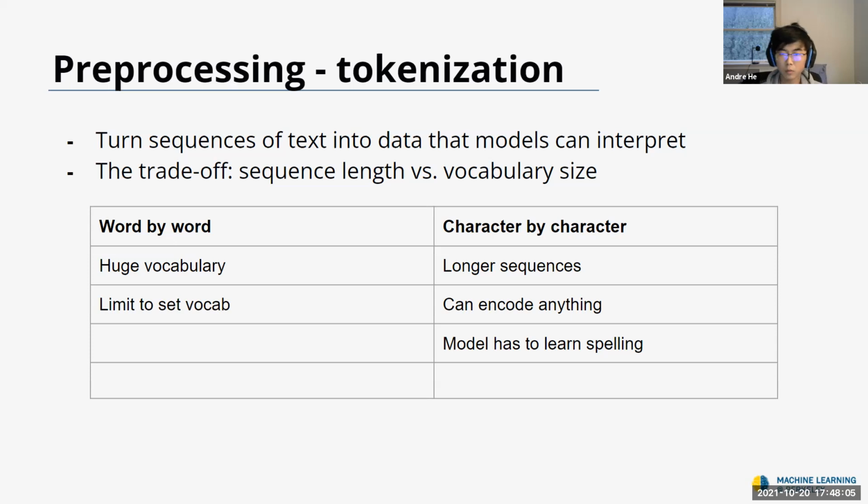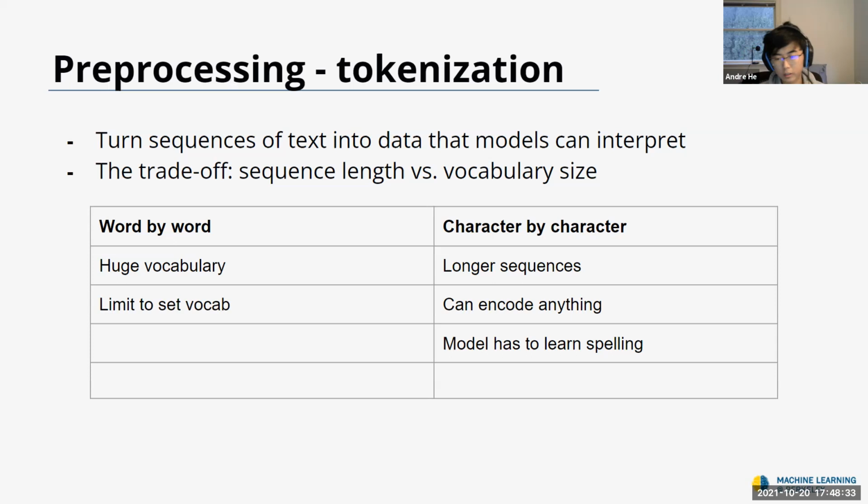The other advantage of character by character is that your model can effectively learn anything, but that can also be a drawback, because it has to learn the spellings instead of just seeing a specific spelling as a different word. It would have to learn that this spelling of these characters means this word and the other spelling means another word. So there's a trade-off between vocabulary size and sequence length.